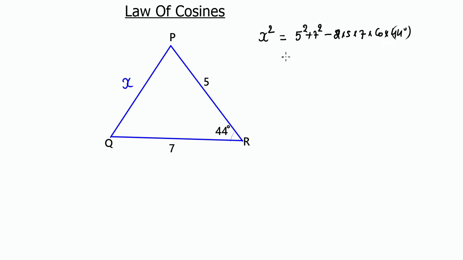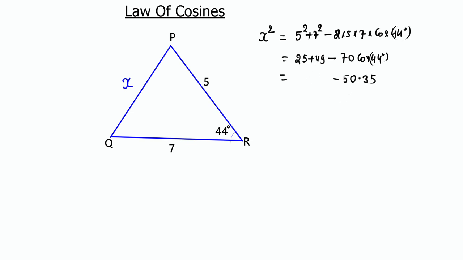So this is going to be 25 plus 49 minus 2 times 5 times 7, that is 70 cos 44. 70 times cos 44 is going to be approximately 50.35 to two decimal places.